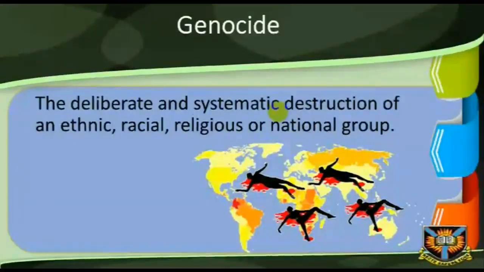The United Nations Convention on the Prevention and Punishment of the Crime of Genocide defines genocide in Article 2 of the Convention as any of the following acts committed with intent to destroy, in whole or in part, a national, ethnical, racial, or religious group: killing members of the group, causing serious bodily or mental harm to members of the group, deliberately inflicting on the group conditions of life calculated to bring about its physical destruction in whole or in part, imposing measures intended to prevent births within the group, and forcibly transferring children of the group to another group.